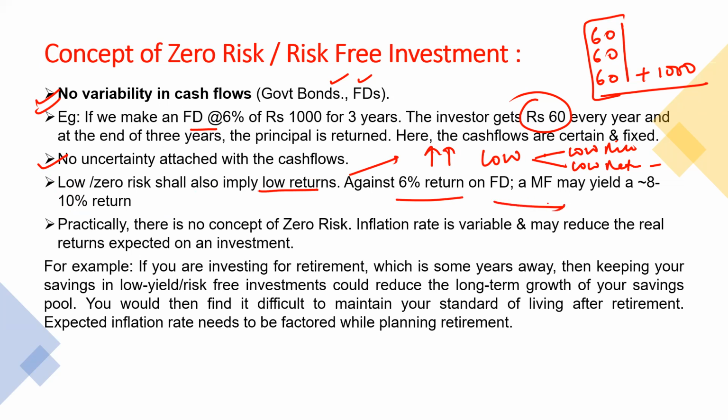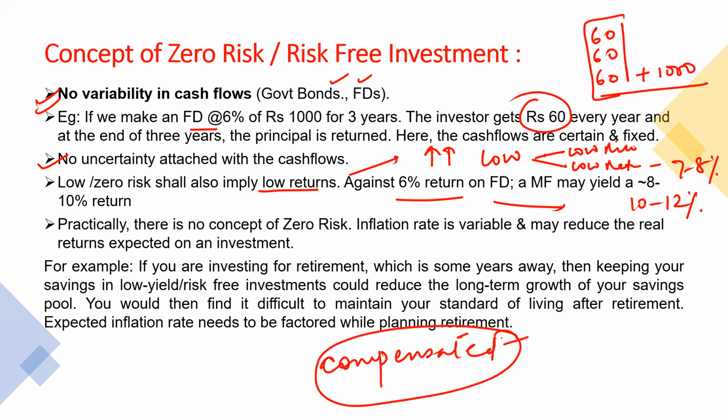If you invest the same amount of money in equity, you can get 10 to 12%. If you invest the same amount in a mutual fund, let's say a balanced mutual fund, you get a 7 to 8% return. The higher the risk, the higher the return. Why? Because you need to get compensated for the risk that you are undertaking. For that risk, you're going to be compensated through a higher return, right?